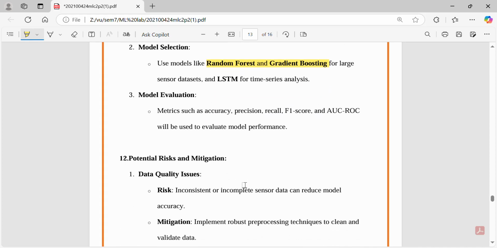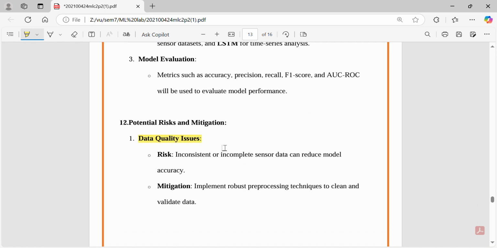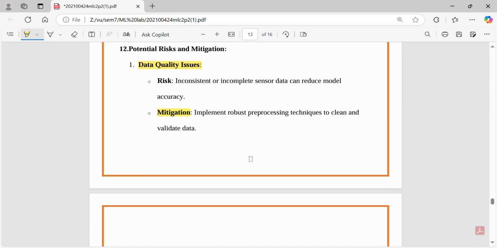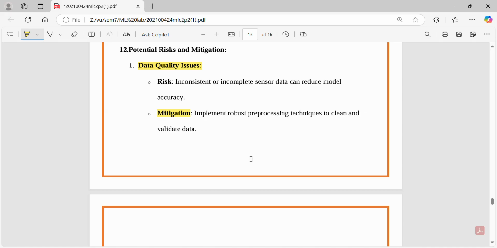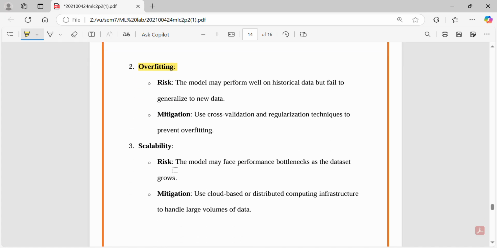Some of the potential risks could be data quality issues, which reduce the model accuracy; the mitigation is robust preprocessing techniques in which we validate the data. Overfitting could also occur sometimes, with mitigation through generating new data.